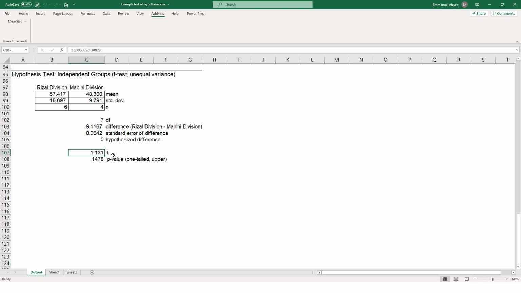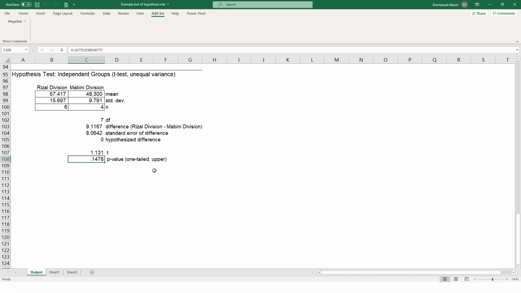The p-value is greater than the alpha level, so we are not going to reject the null hypothesis. Since we do not reject the null hypothesis, we reject the alternative hypothesis, which is the claim of the regional supervisor.